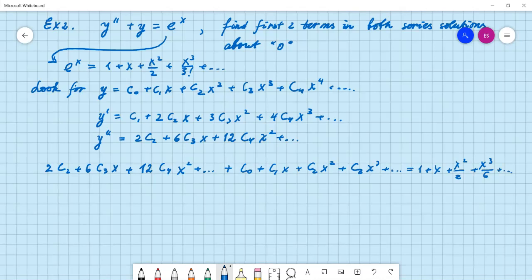Again, if you did not write enough terms here, you can always add more terms if you feel that's not enough for the coefficients.